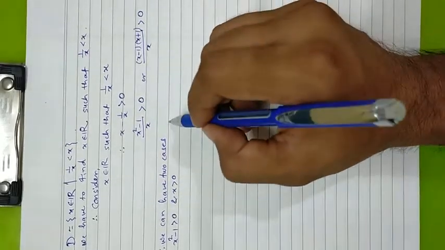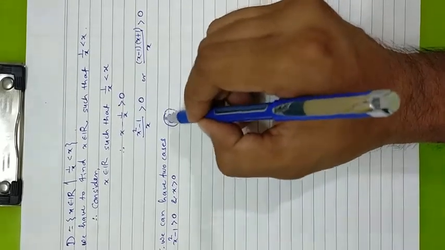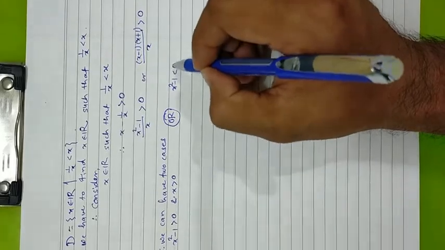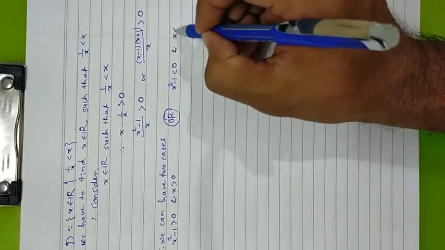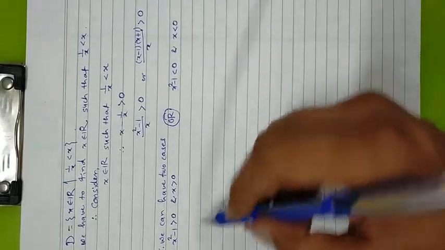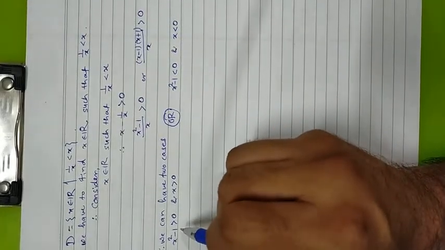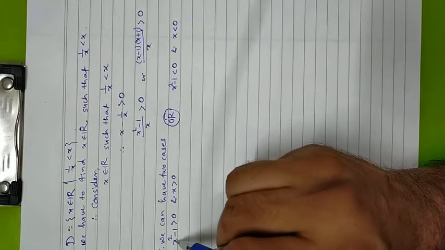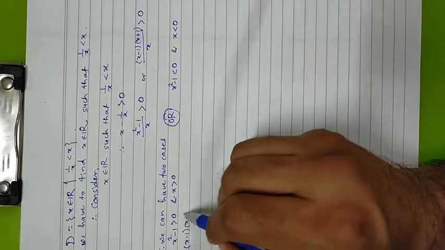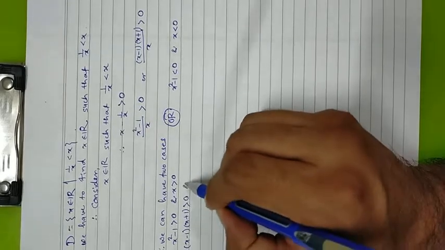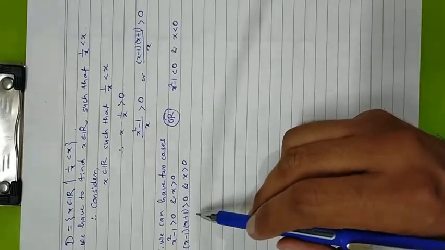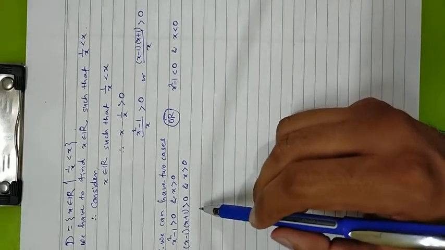This can be one of the possibilities, or the other possibility can be both are negative. Numerator is negative and denominator is also negative, right? So try to simplify this. Now this x square minus 1 means x minus 1, x plus 1 is positive and x is positive. So again this case can have two possibilities, right?